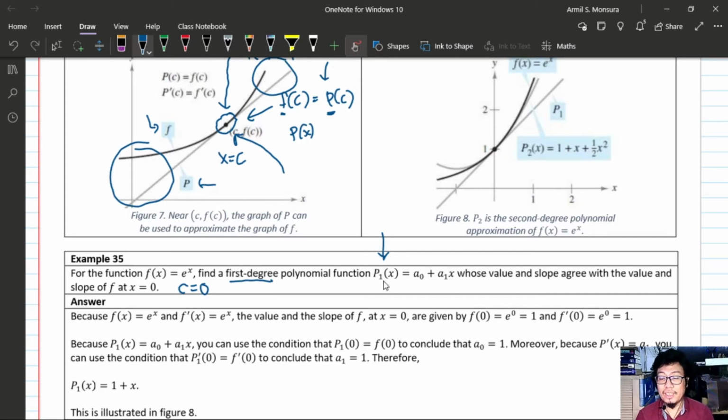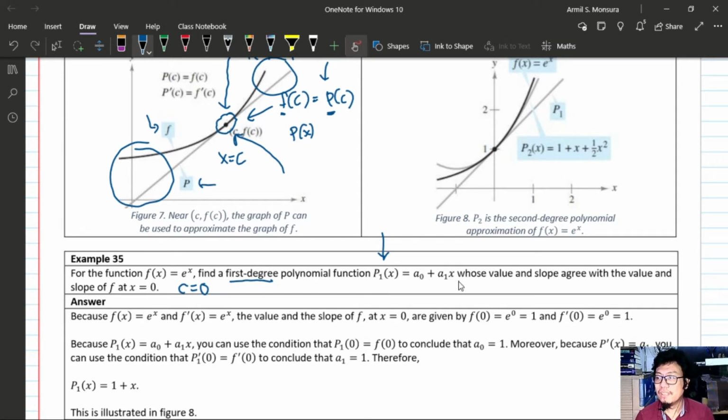So that is why in the case of the approximating polynomial p, degree and order will be interchangeable. So I may call it first degree approximating polynomial, or I may also call it first order approximating polynomial.